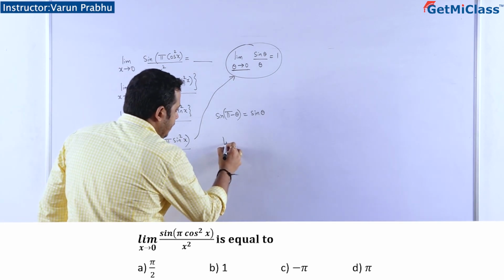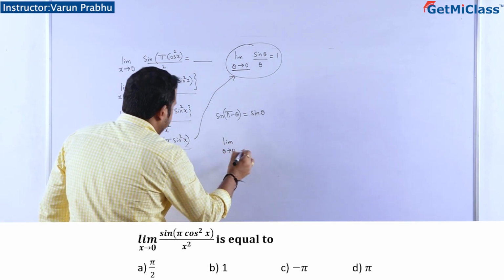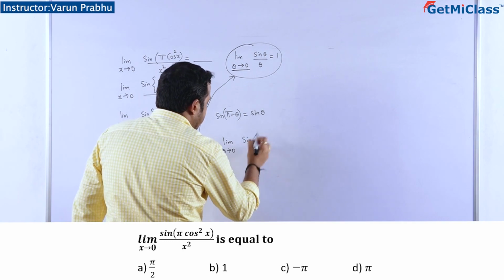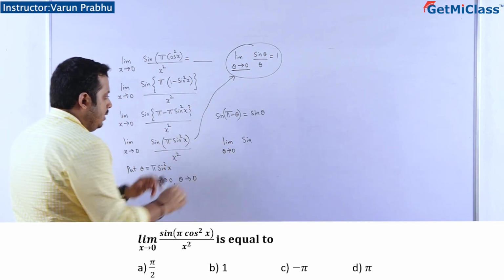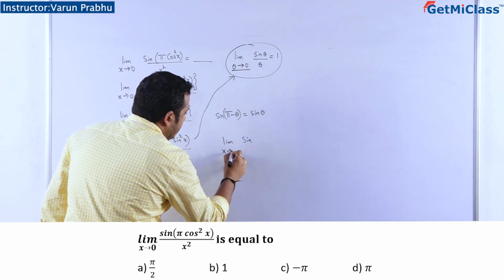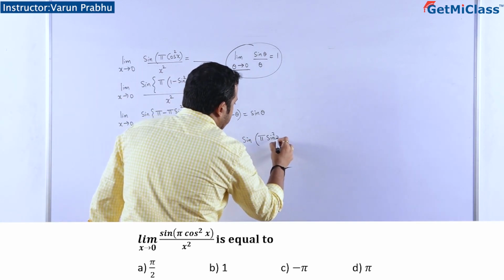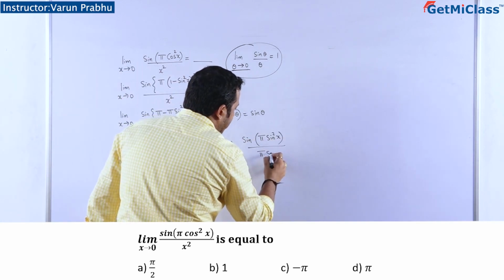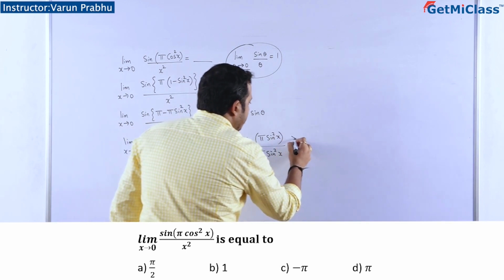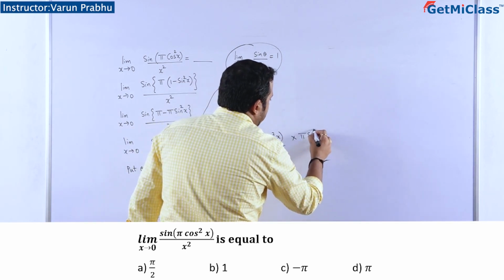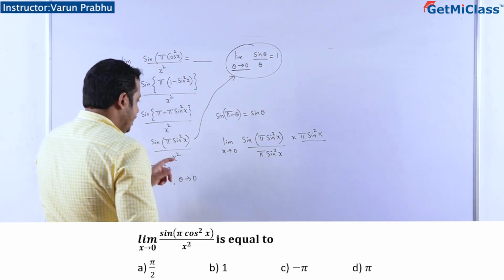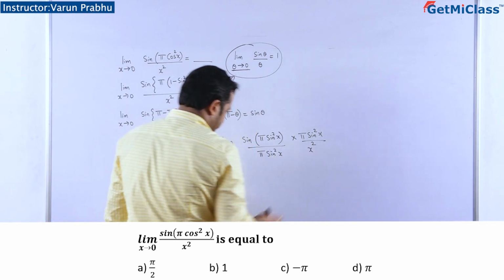So I can say limit x tending to 0, I'll write sine of pi sine squared x, I'll divide by pi sine squared x and multiply by pi sine squared x, and divide it with the x square.